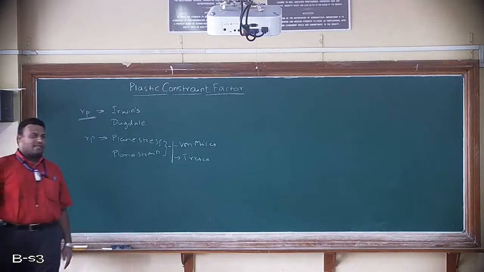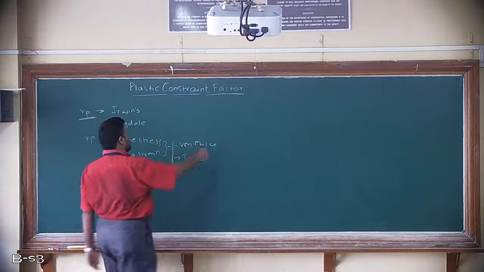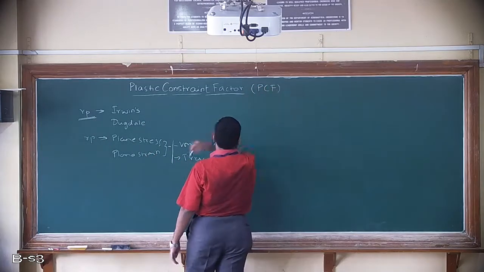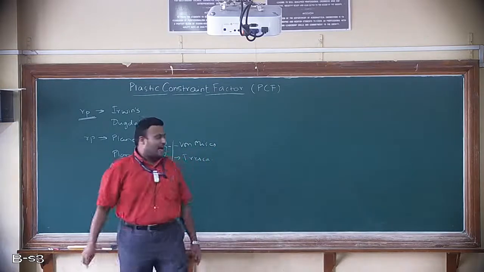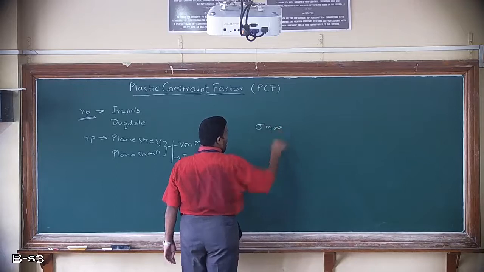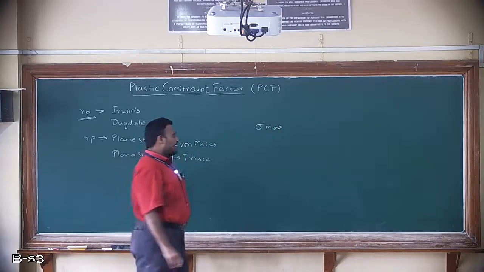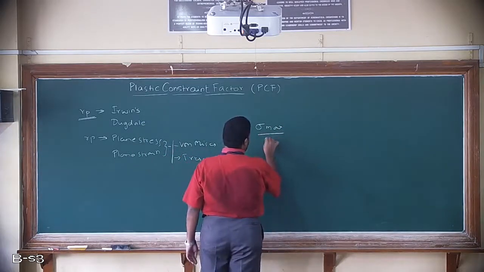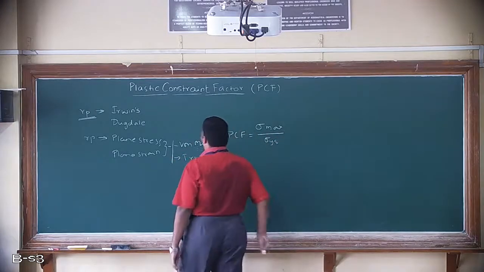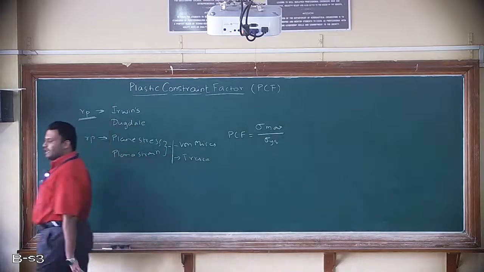So today we shall see the concept called the plastic constraint factor. It is also defined as PCF. It can be said as the ratio of the maximum stress developed in the component to the yield stress of the component, which will give you the plastic constraint factor, that is PCF.